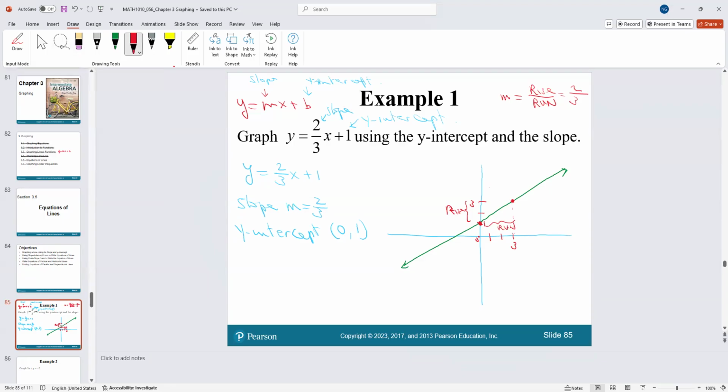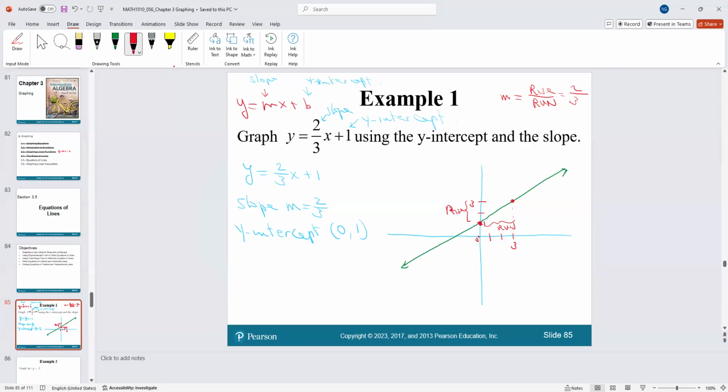Notice that the line does have a y-intercept at (0, 1) and is sloped upward. So that's very important for you to remember.